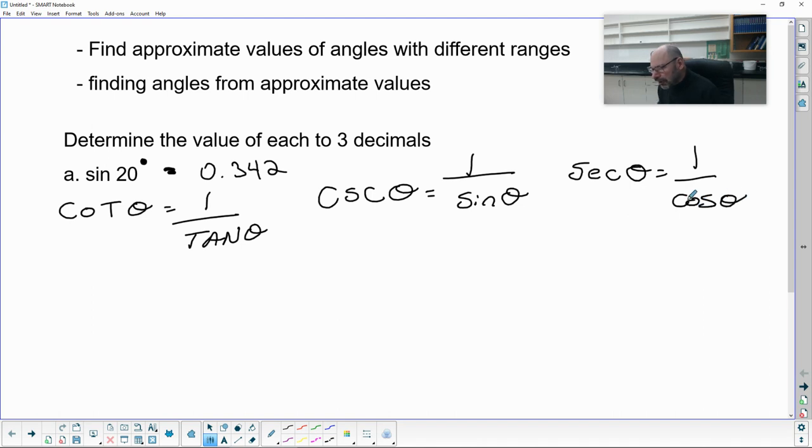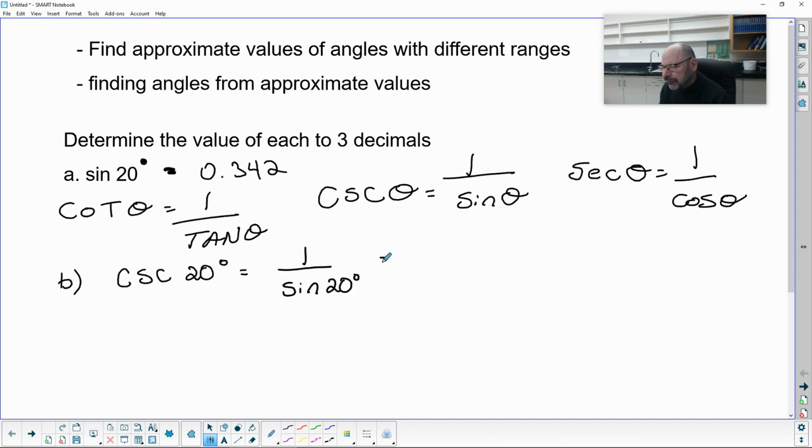On your calculator you always have tan, sine, and cosine, but you don't have cotan, cosecant, and secant, so you convert by plugging in the value you get from your calculator on the bottom. For example, if I wanted you to find the cosecant of 20, we already have the sine of 20, and cosecant is 1 over the sine of 20.